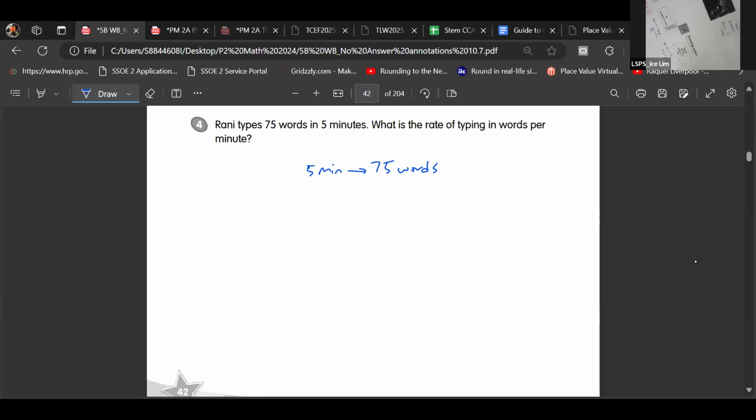One quantity equivalent to another quantity. Then ask yourself what is the quantity that you need to look for, and then the division comes in.